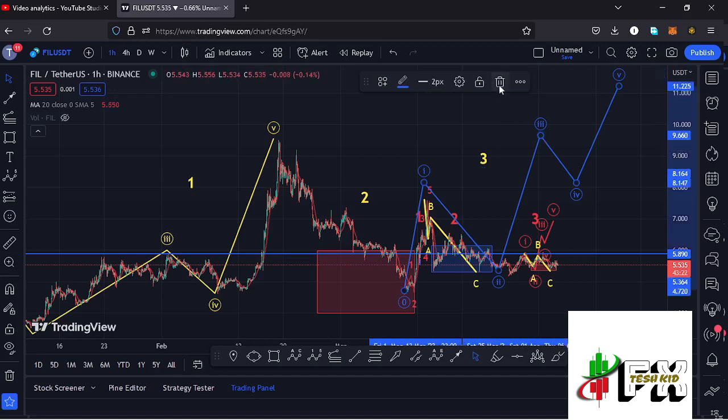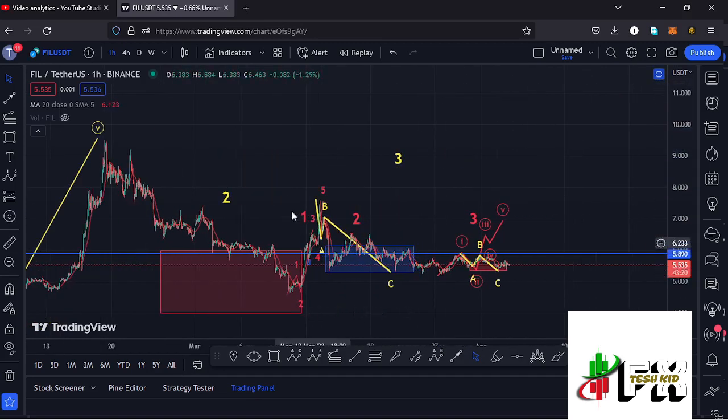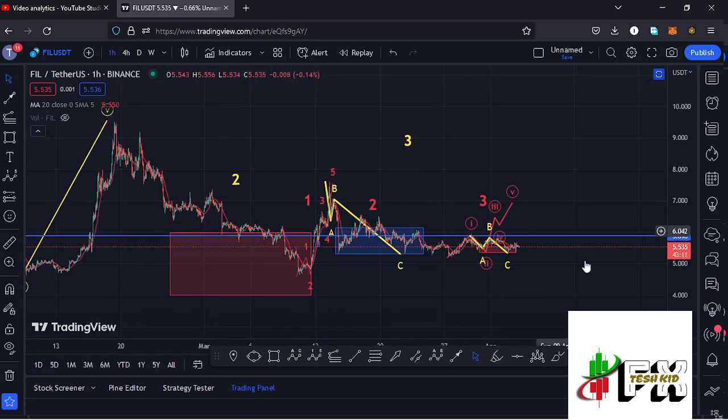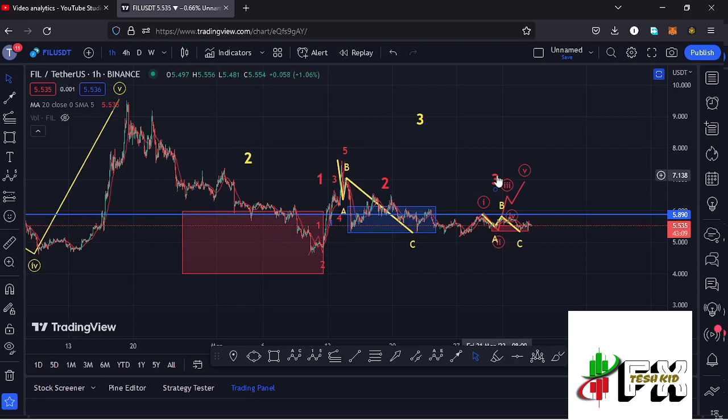And at the time of this recording, I now believe that we have peaked in that first wave to the upper side. We have now seen a corrective structure in this wave 2 to the lower side also, and I now believe that what we are seeing is the start of this wave 3 to the upper side, which is an impulsive wave also.